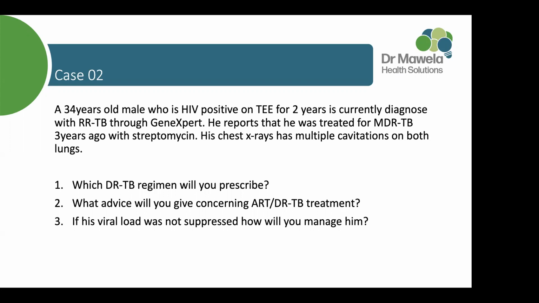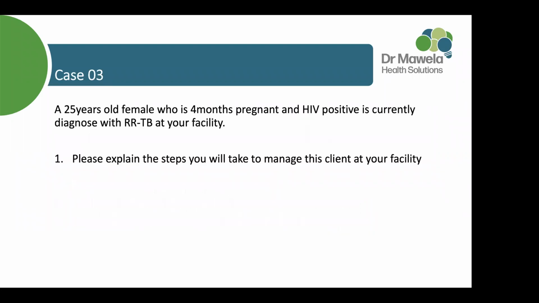If the viral load is not suppressed, we do adherence and repeat it in 2 to 3 months. If it's still high, we probably need to switch the patient to second line. But remember, second line has AZT and linezolid, so we need to avoid their concomitant use. Those are the blind spots.